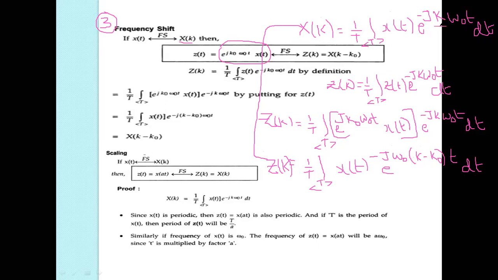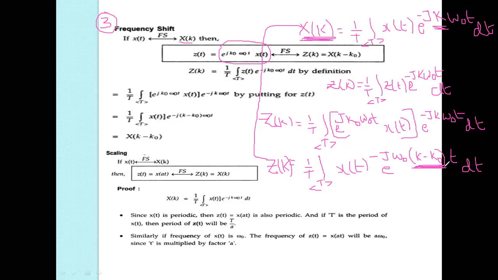What is the value here? The k. So whenever it is a k here, the value is x of k. Instead of k, what is the value here? K minus k naught.